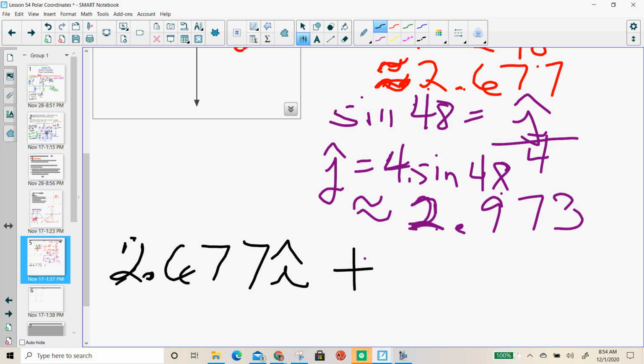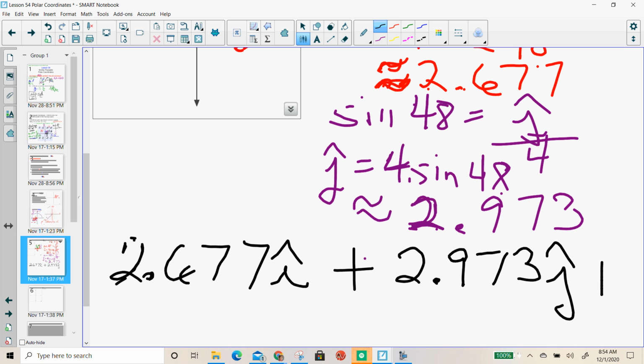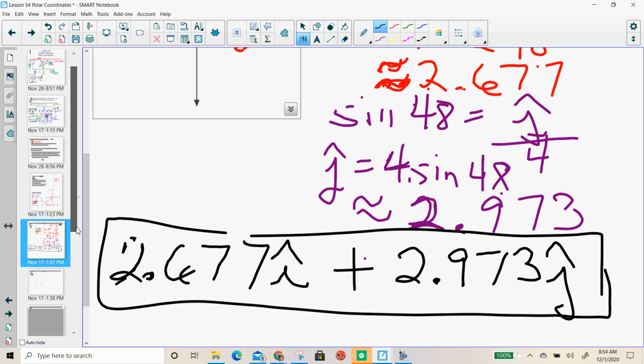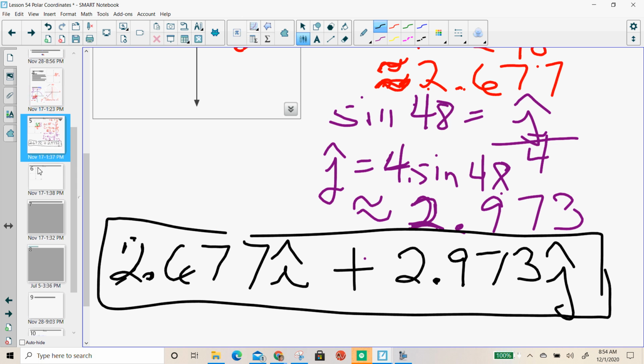And then because j hat is also positive, a plus sign in between, 2.973 j hat, and that is my rectangular coordinate form with vectors. Any questions on that one? Because then I just have one more for us to do here.